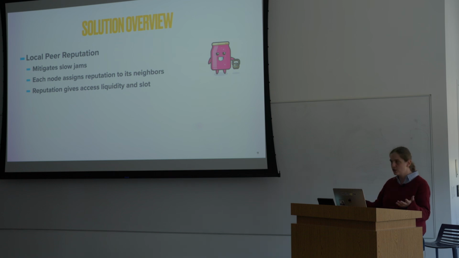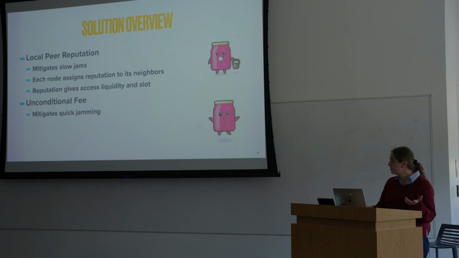So you build the reputation over time. It will cost you money in fees to grow this. If you're just a regular node, the fees that you're paying anyway will count towards your reputation. And then if an attack happens, you will be allowed to use protected liquidity and slots that are only for nodes that we trust.